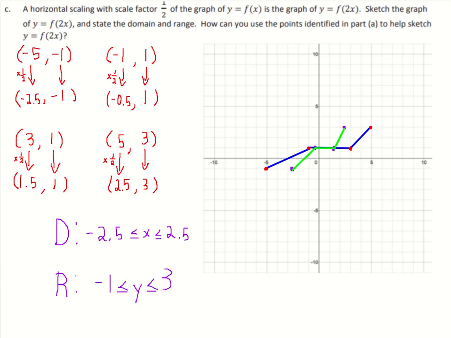For our horizontal scaling, we multiplied all of our x values by the scale factor. Now, hopefully, this makes enough sense for us to be able to work on some of our problem set.